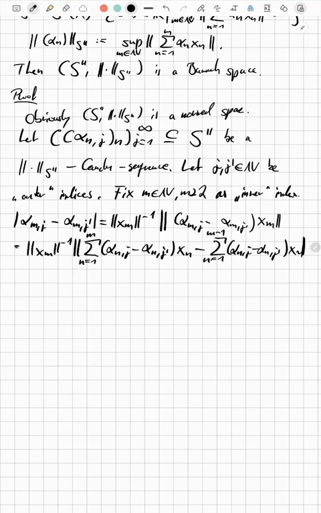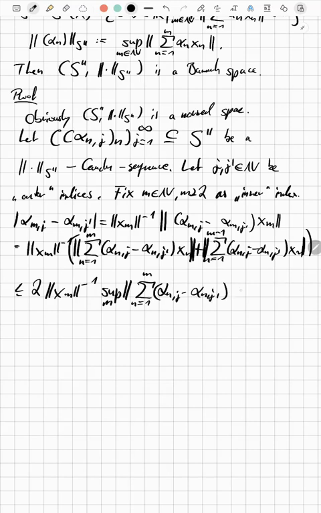And when we do that, well, we get norm dashes here and brackets here. And then we can find an inequality with the supremum. So this is less than or equal to 2 times, we keep this factor, times the supremum of these vectors here.